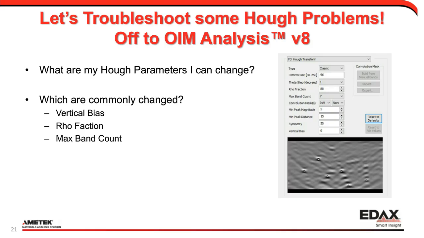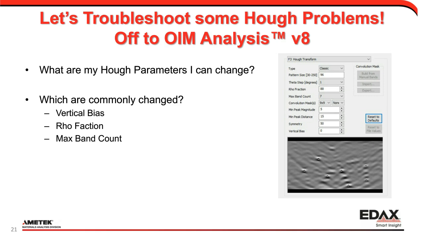The minimum peak magnitude and minimum peak distance are again niche cases of when they actually need to be used. Usually I have to use them when, for some reason, I'm getting a giant cluster of all of my Hough peaks in one area. Down here on the bottom right is the Hough Transform.